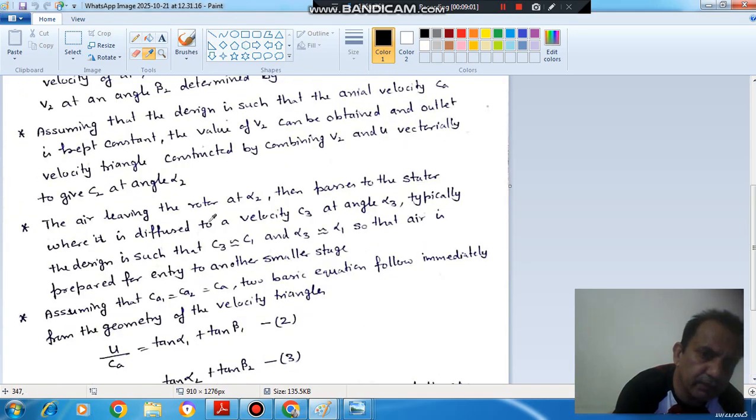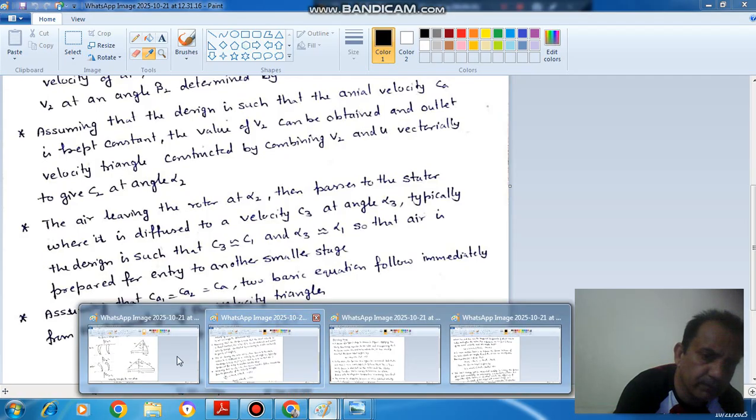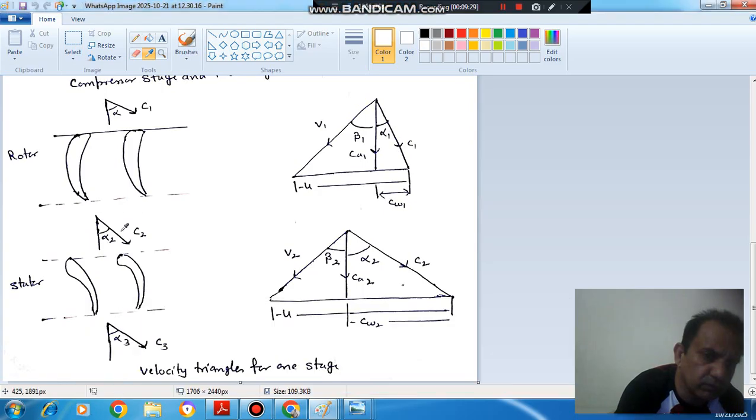The air leaving the rotor at alpha 2 then passes to the stator, where it is diffused to a velocity C3 at angle alpha 3. Typically the design is such that C3 is equal to C1 and alpha 3 is equal to alpha 1, so that air is prepared for entry to another similar stage. So here this is your C2.